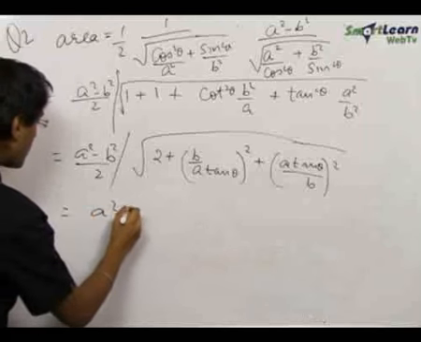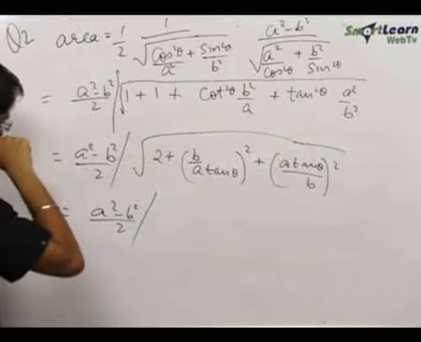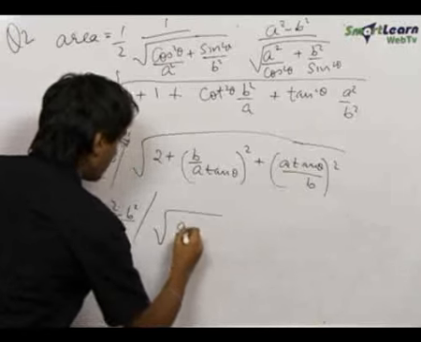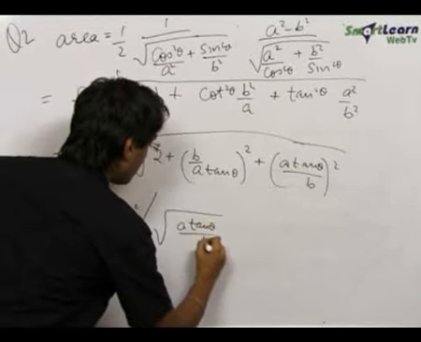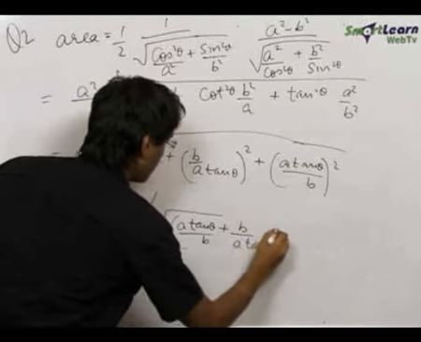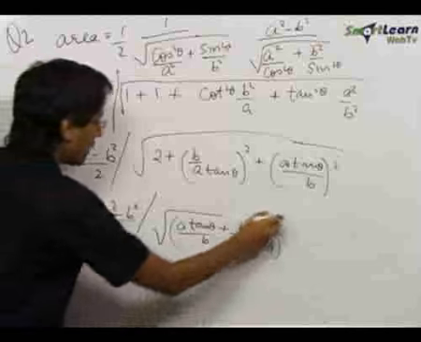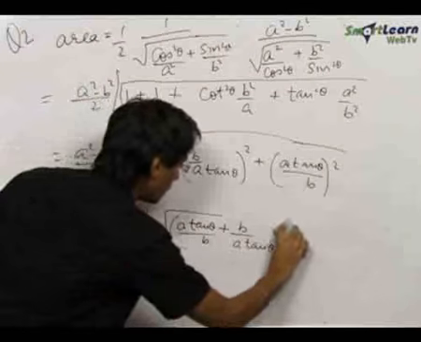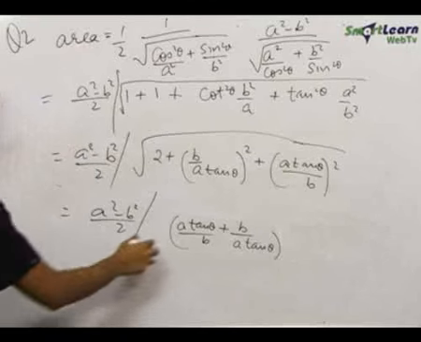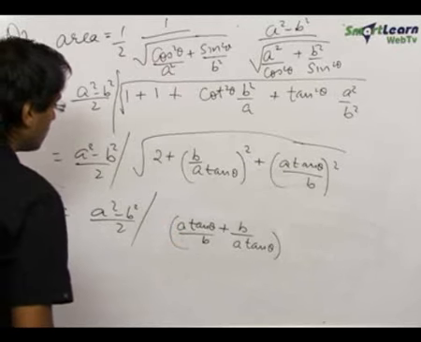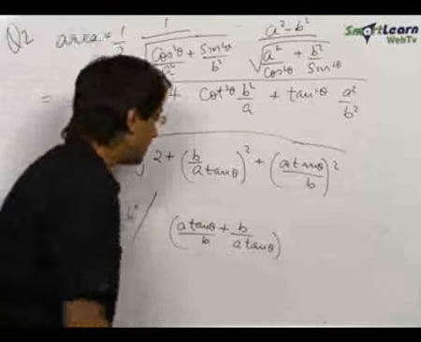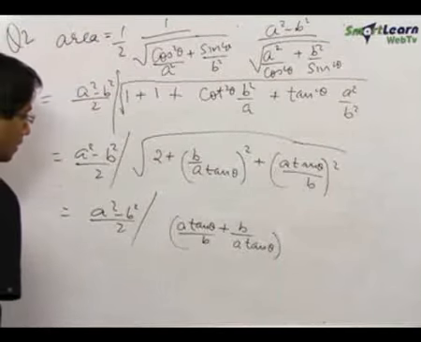This is equal to a square minus b square by 2 divided by the under root of (a tan theta by b plus b by a tan theta) whole square, and since this is under root, the square will be removed and we are left with a square minus b square by 2 divided by a tan theta by b plus b by a tan theta. So in order to make the area maximum, we need to minimize this denominator.